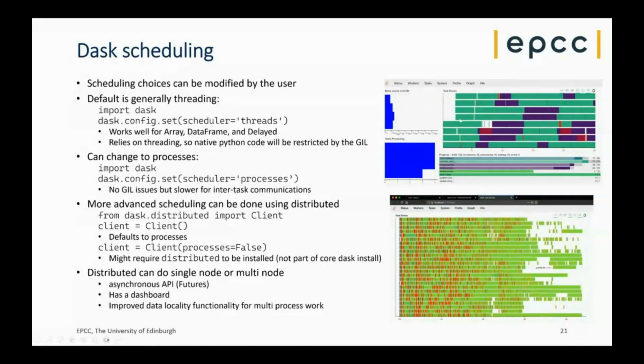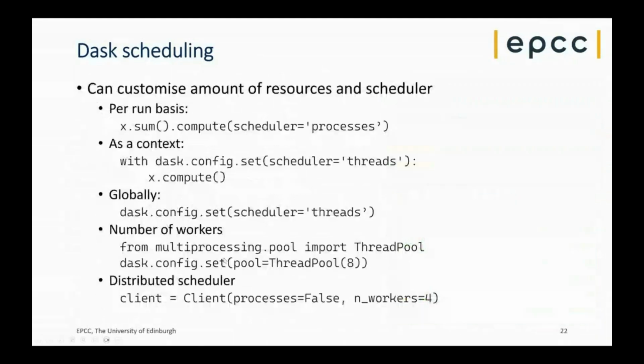And it'll also produce some nice dashboards like this on the right-hand side here, where you can see your tasks running, you can see your workers, you can get some profile information about all those kind of things going on. It's worth noting, as pointed out in the exercises, that the dask.distributed library is not part of the default install of Dask. You have to install a second library on top to get it, but it's pretty easy to do.